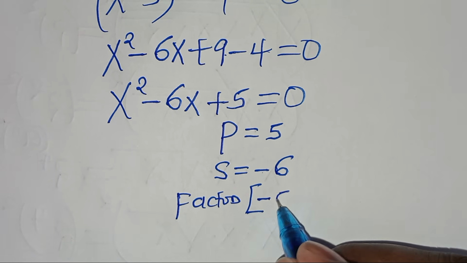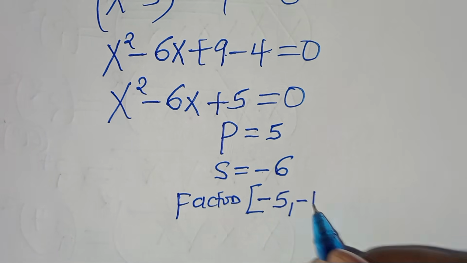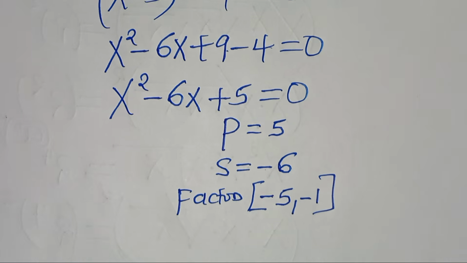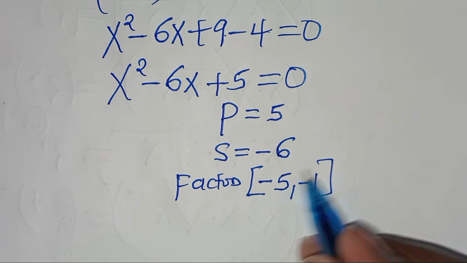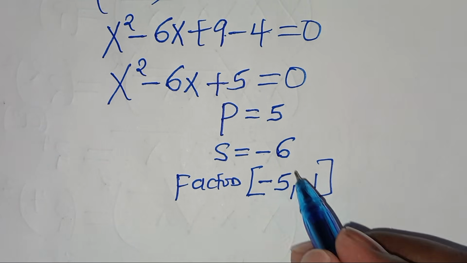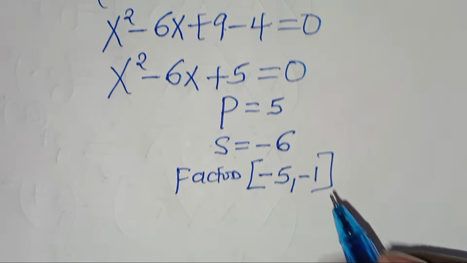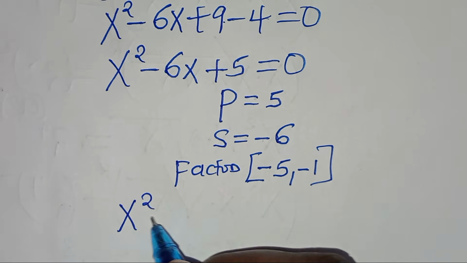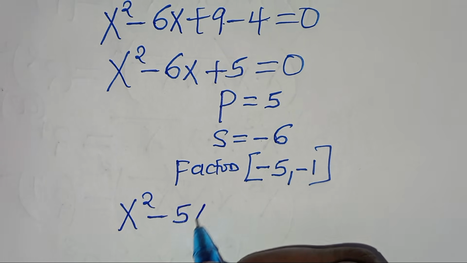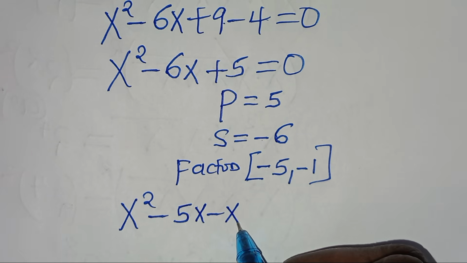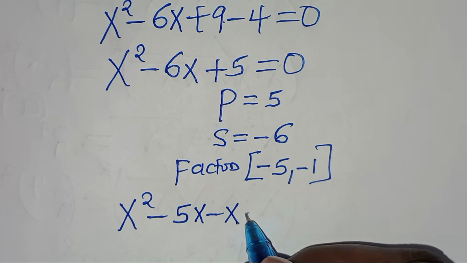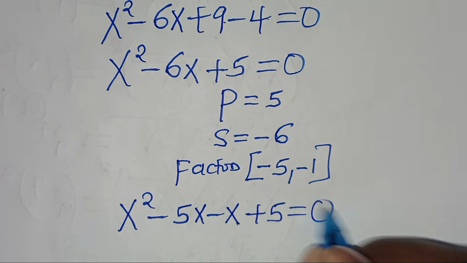So we have the factors minus 5 and minus 1. Minus 5 times minus 1 is 5, and minus 5 plus minus 1 is minus 6. So we have x to the power of 2 minus 5x minus x, then plus 5, equal to 0.